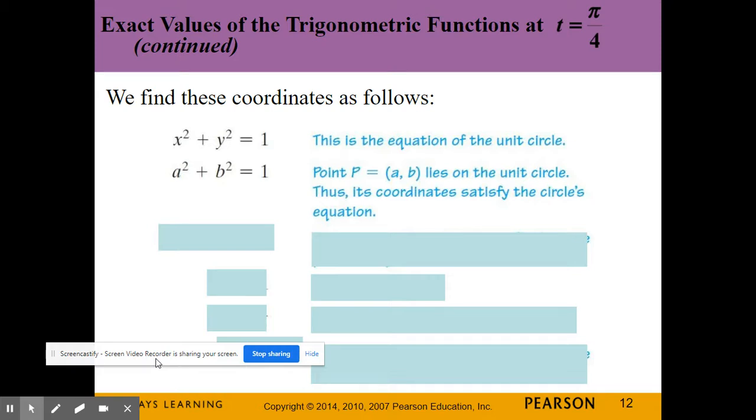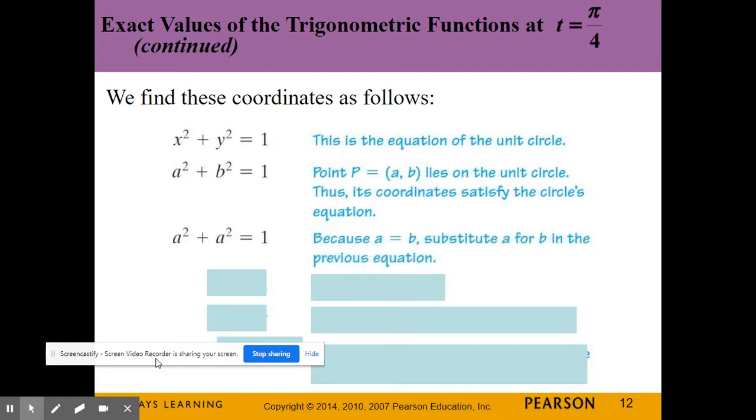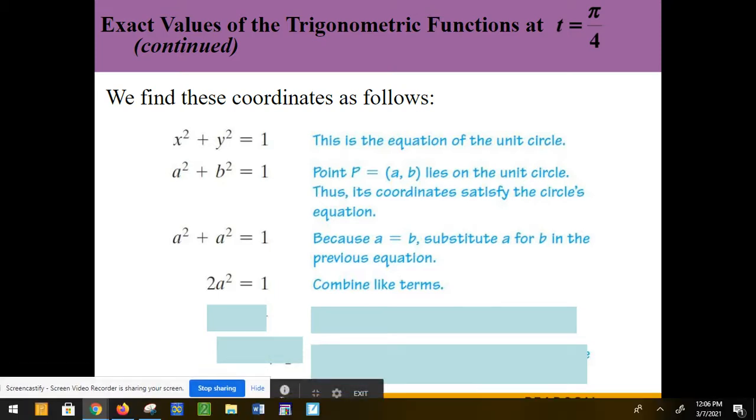So we could have used any ordered pair there, but specifically since we're talking about that picture we just had, the x is A, the y is B. What we just talked about where the A and the B have to be equal, we're just going to substitute A for B. All right, so we can then say A squared plus A squared equals 1. We can combine those like terms. A squared plus A squared is 2A squared.